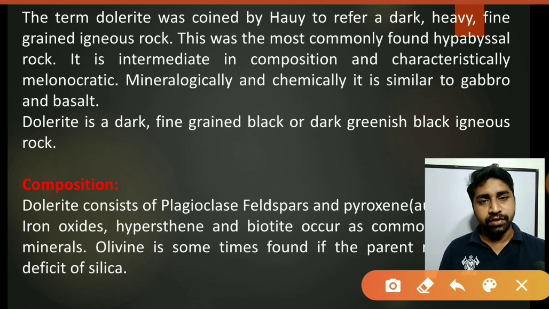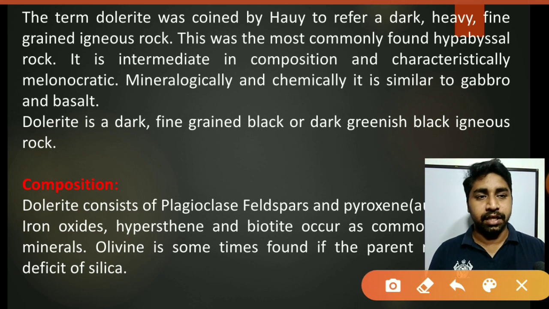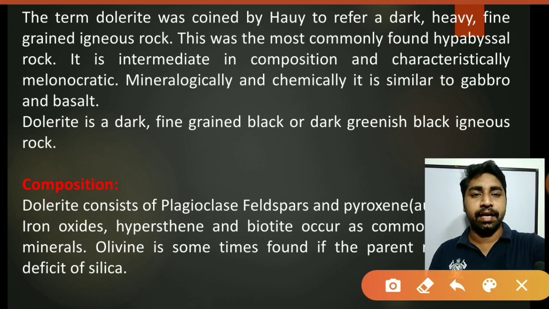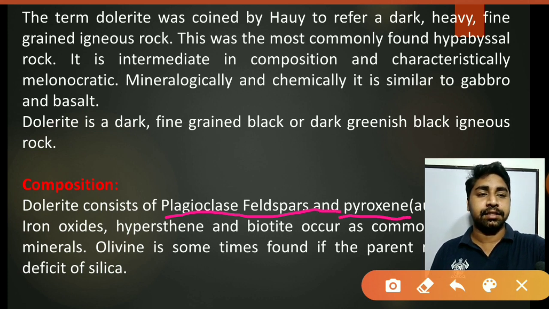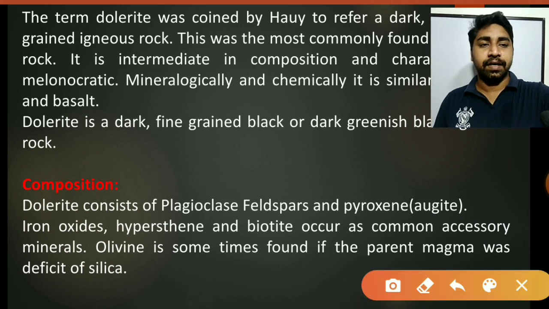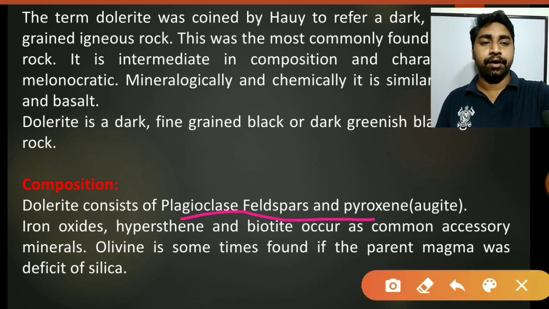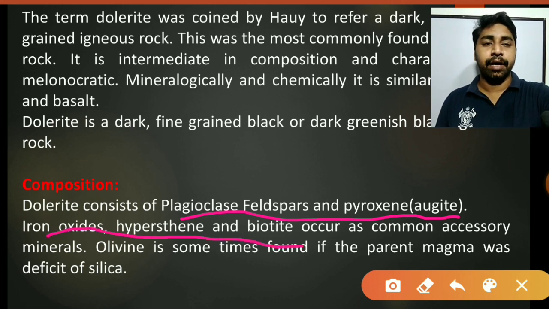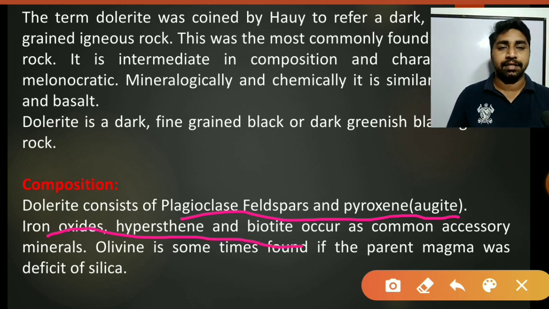The composition of dolerite consists mainly of plagioclase feldspar and pyroxenes. Iron oxides, hypersthene and biotite occur as the common accessory minerals.